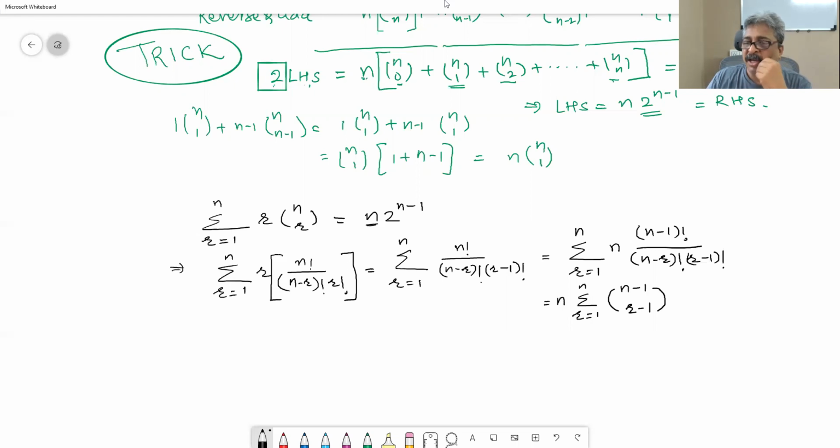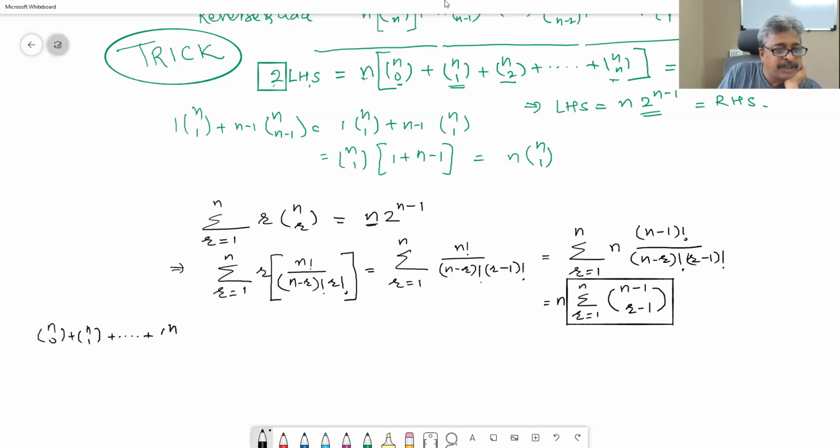Okay. Now I am going to adjust this term such that we know what our first identity is. n choose 0 plus n choose 1 plus dot dot dot plus n choose n is equal to 2 raised to n. This is our identity.